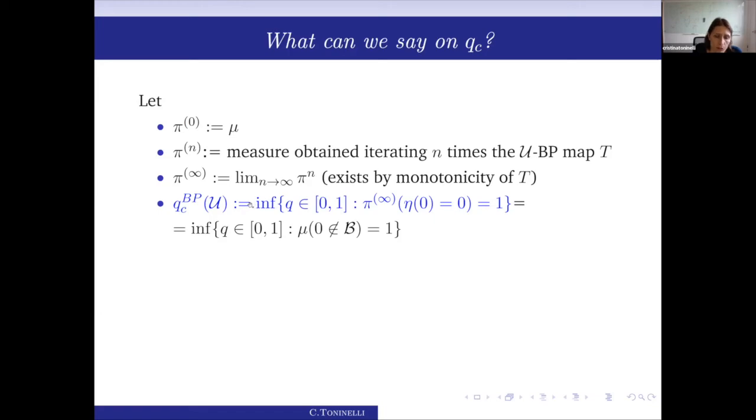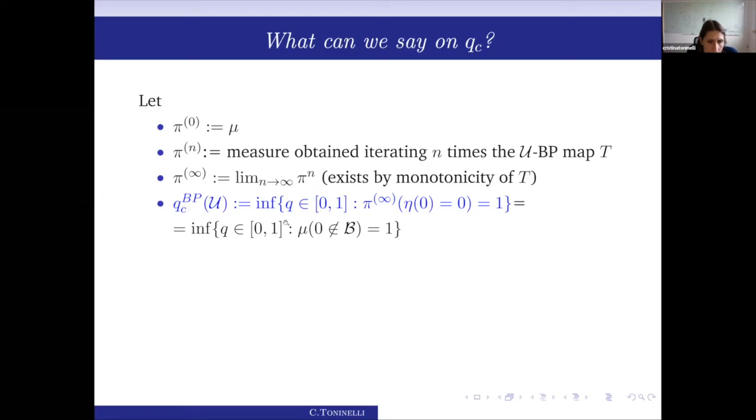So, first of all, this process is monotone. So it's clear that if at a certain value of Q, which enters in this initial distribution, at the end of the iteration the origin is empty with probability 1, necessarily it is empty with probability 1 also for higher choices of Q. So it's really a critical density separating the two regimes.